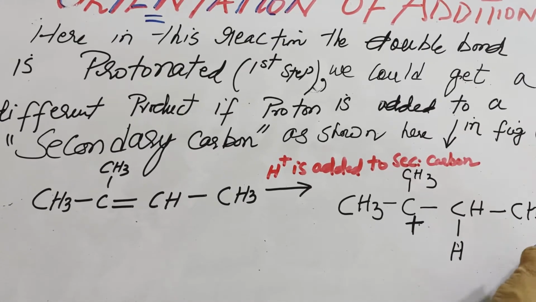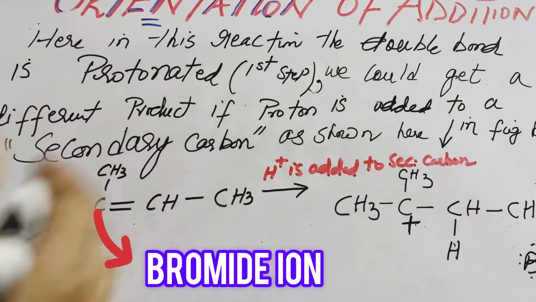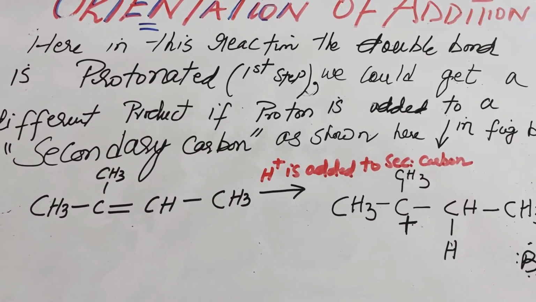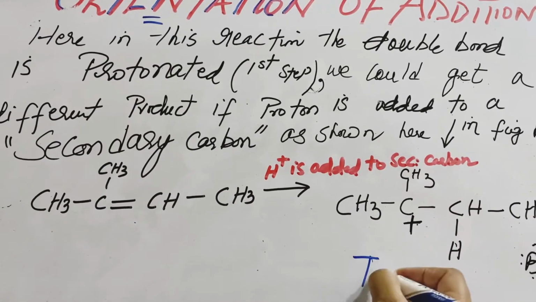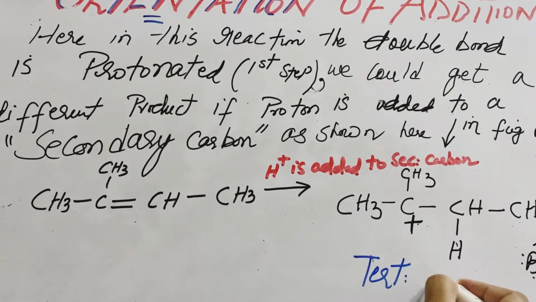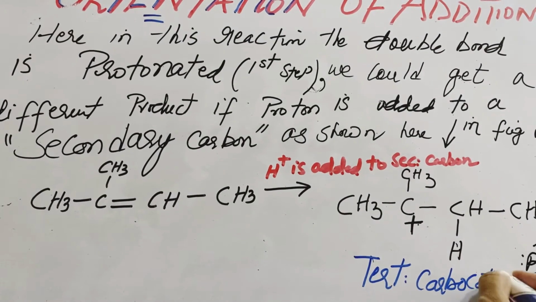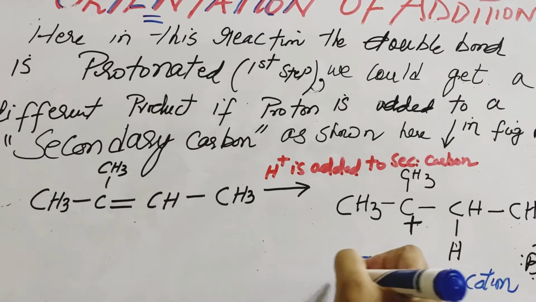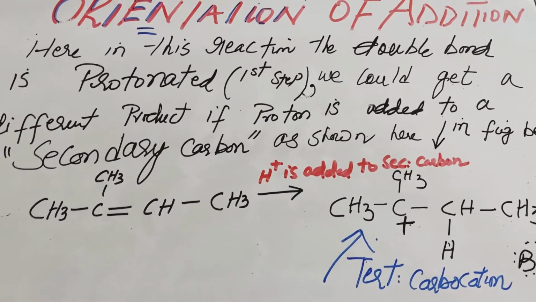As a leaving group it leaves, and you get a tertiary carbocation. I'll write it with a different color. A tertiary carbocation. This is a tertiary carbocation, formation of a tertiary carbocation.